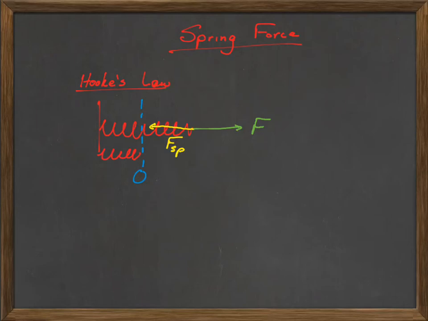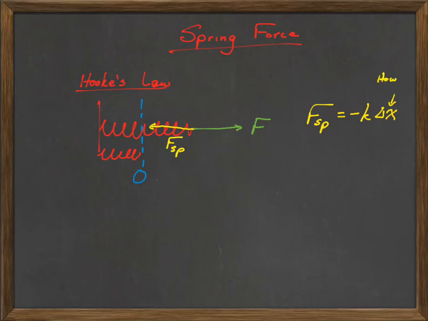And what this guy did, this guy Hooke, is he was able to measure the spring force and gave it a very specific formula. He said the spring force was equal to the negative of what's called the spring constant times how far you've moved from equilibrium.